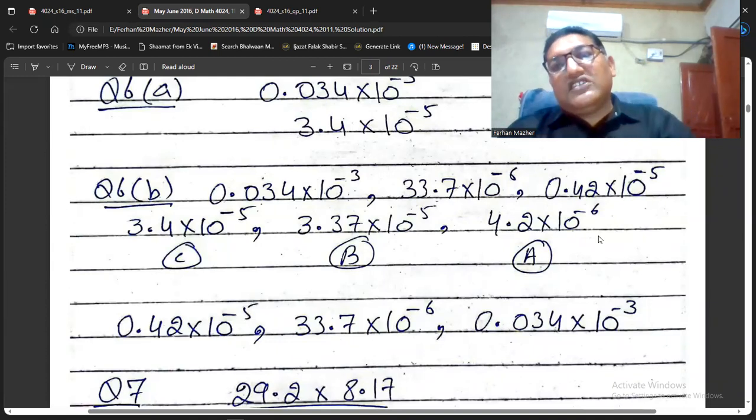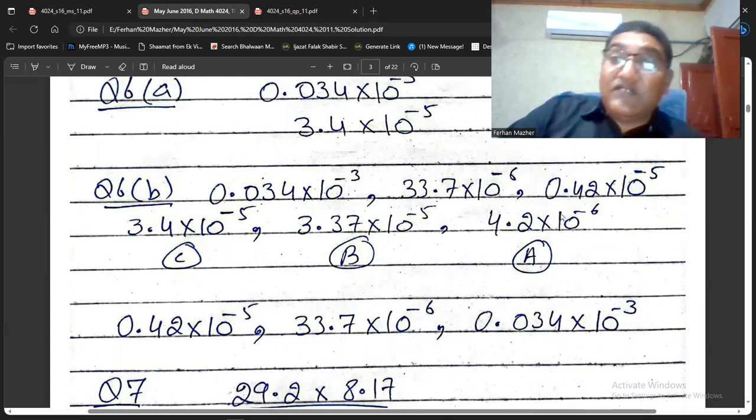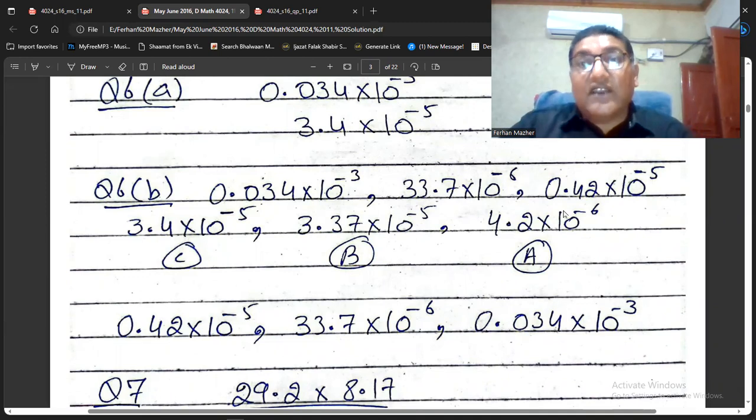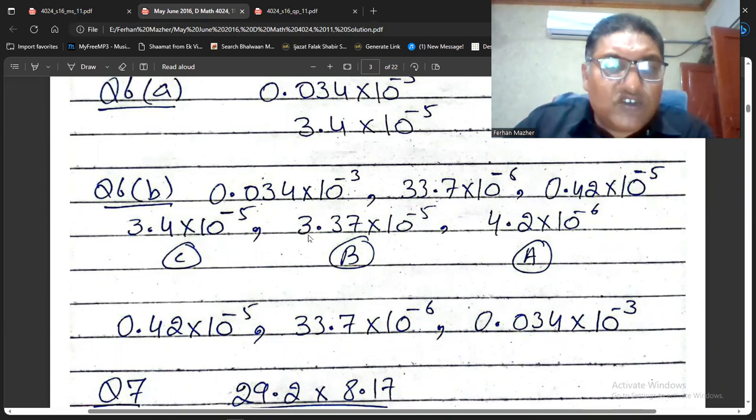Now, the number which has the smallest power is the smallest number. And if the powers are the same, then we will decide on the basis of the coefficient. For example, this has the smallest power, that's minus 6, so it will come first. Here the power is the same, so we will decide on the basis of the coefficient.